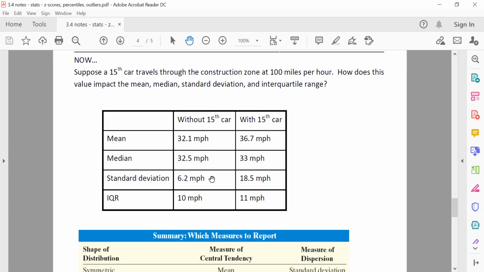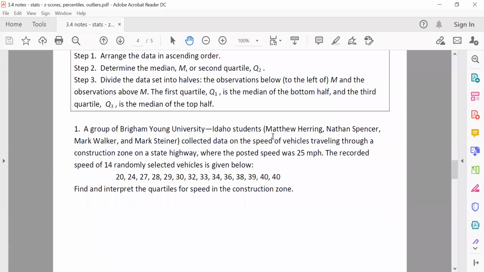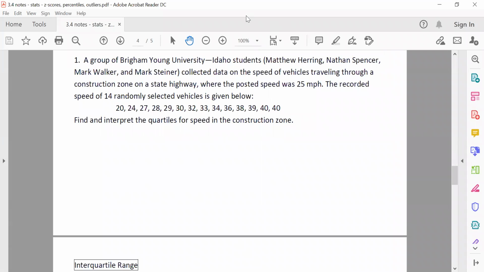And then the standard deviation, which we did not compute, happened to be 6.2, and the interquartile range was 10. If you throw the 15th car in there, which was going 100 miles per hour, just absolutely unsafe speeds, this is how the data would be affected by that.